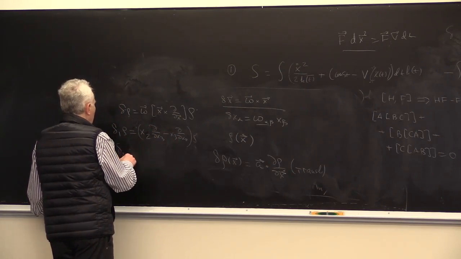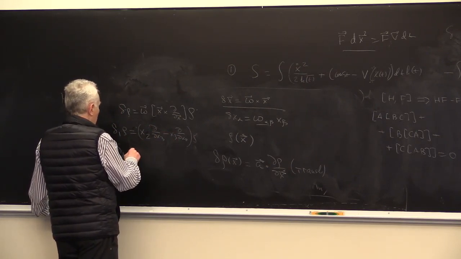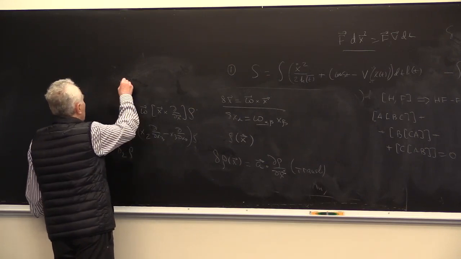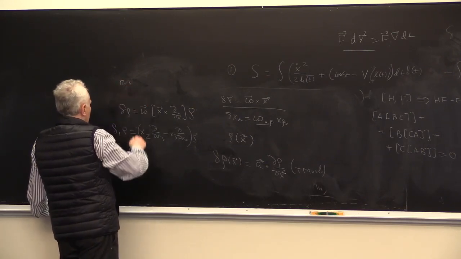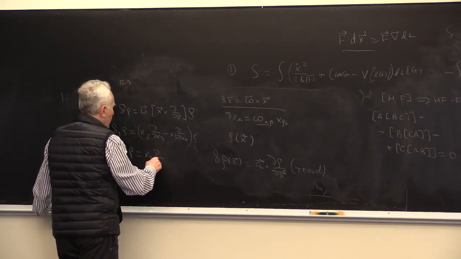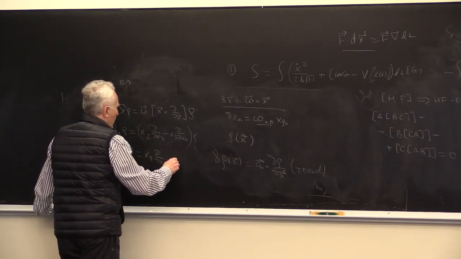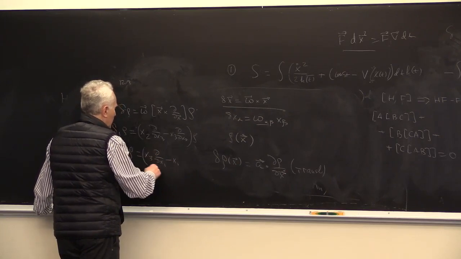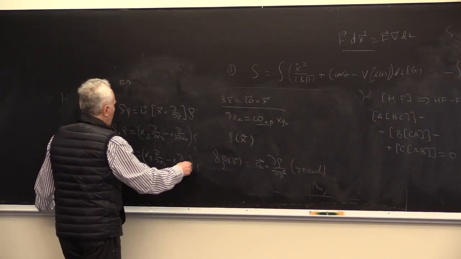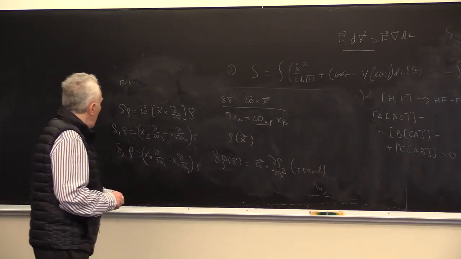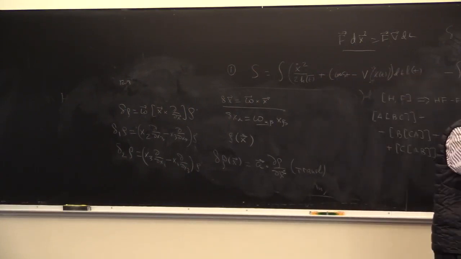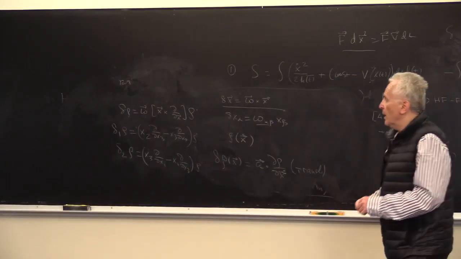For rotation around axis number 2, I will have x3 d/dx1 minus x1 d/dx3 applied to ρ. So this is rotation around axis number 1 and axis number 2.